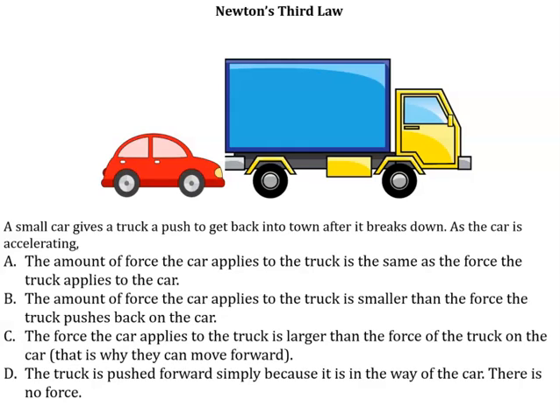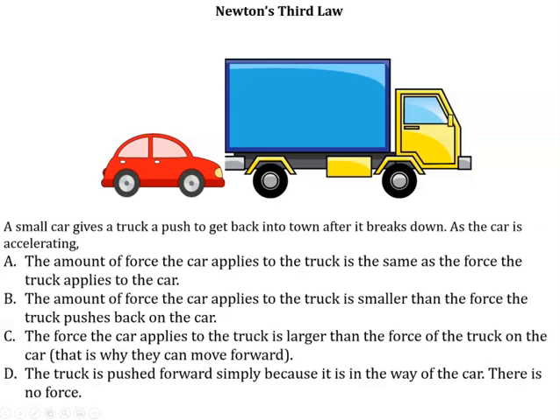So looking at your answer choices, a small car gives a truck a push to get back into town, and as it's accelerating, what is happening between the forces? The amount of force the car applies to the truck is the same as the force the truck applies to the car. The amount of force the car applies to the truck is smaller than the force the truck pushes back on the car. The force the car applies to the truck is larger than the force of the truck on the car, that's why they can move forward.